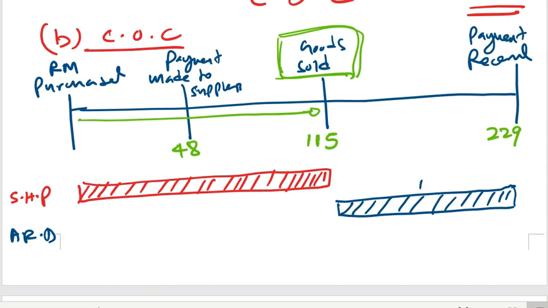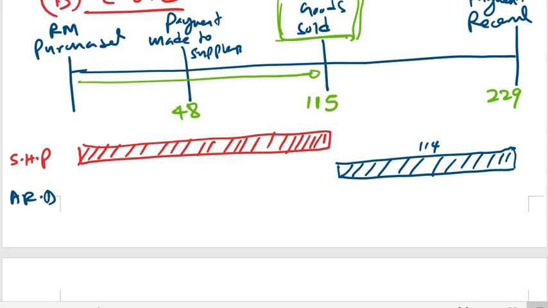So this is 114 days, this is 115 days. Then what about your accounts payable days? Accounts payable days will be 48 days. So this is 48 days. So this will be accounts payable days.